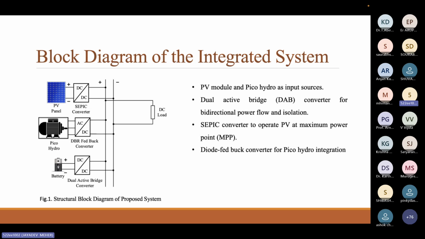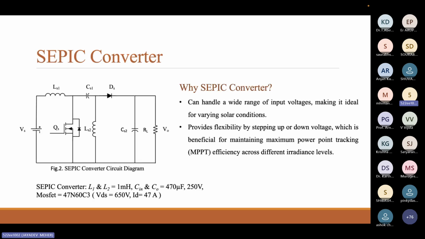Let's understand why we choose the specific converter to integrate all these things. Compared to a simple buck boost converter, it can handle a wide range of input voltage, which is ideal for solar. As the irradiation changes, the solar output also changes.